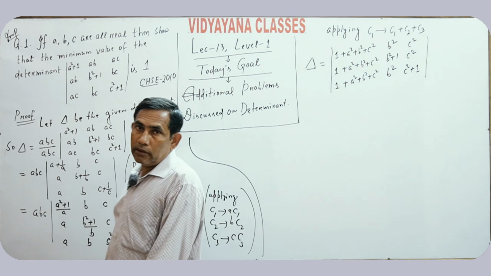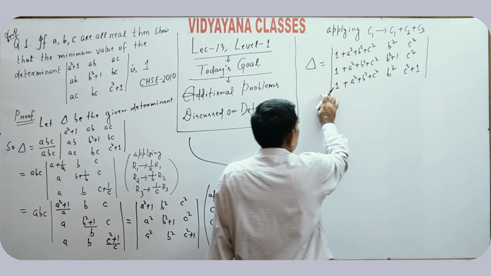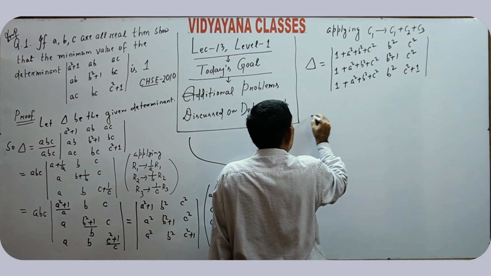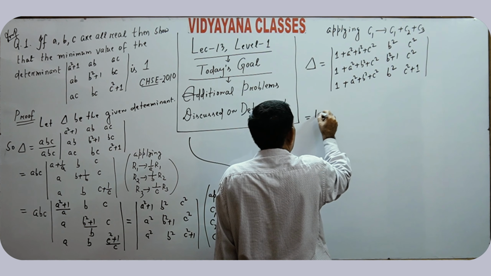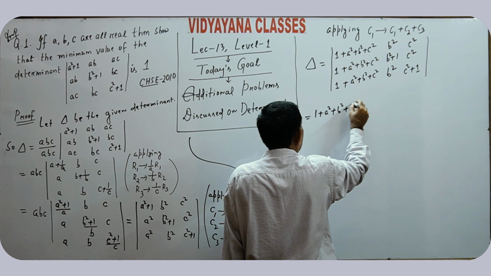Column 1 is replaced by column 1 plus column 2 plus column 3, which is the same as 1 plus a square plus b square plus c square.